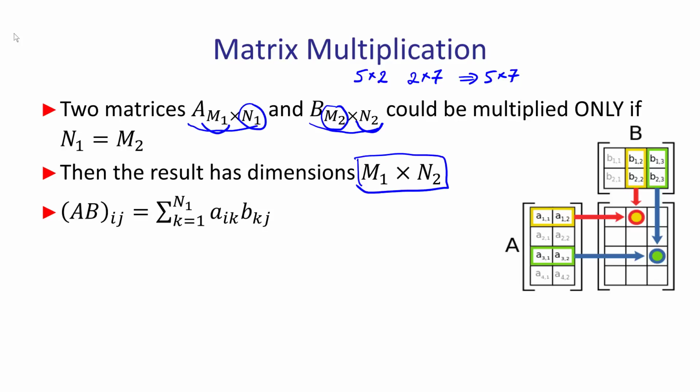Now formally, the multiplication is defined by the following formula. Technically this formula says something like this.